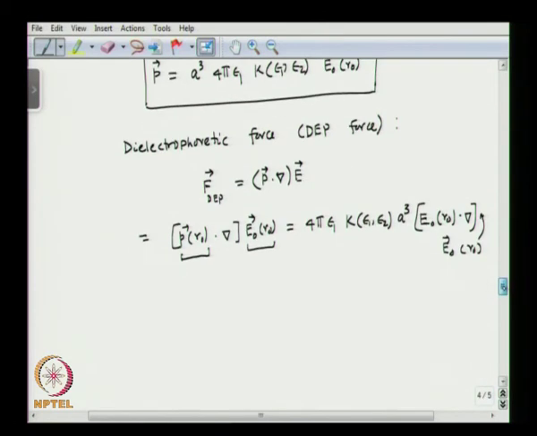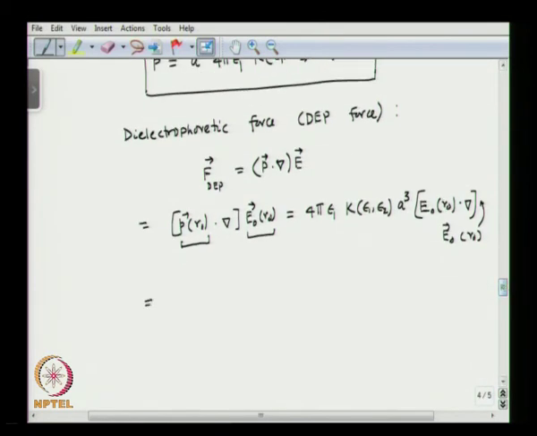So this would become 4 pi epsilon 1. Now we can take this expression for the electric field inside the gradient, and so that will become E0(r0) squared. Now when it comes out of the gradient, it becomes twice the electric field. So here we can observe a 2 in there.